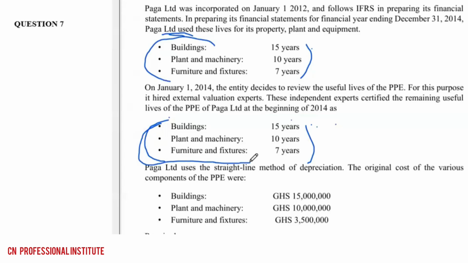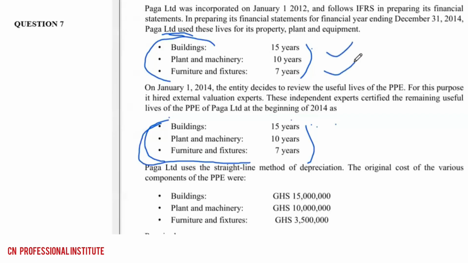As at 1st January 2014, right? So these ones are the remaining useful lives. It's coincidence that the remaining useful lives were the same as the original, the revised useful lives. But you just have to know that when you are computing depreciation, because the lives were revised in 2014, when we are computing depreciation for 2012 and 2013, we are going to use the original ones up here.